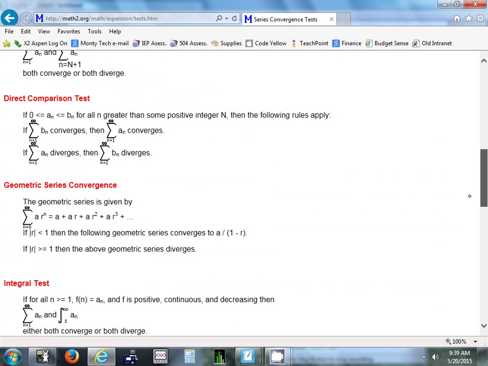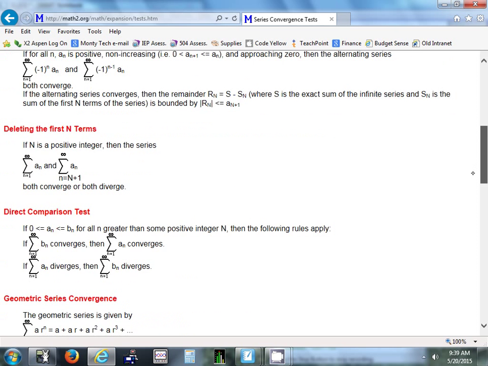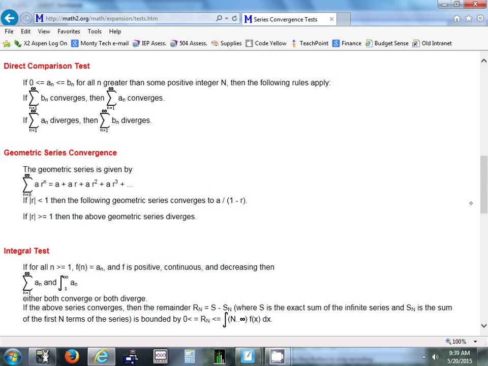There we go. All right, so a geometric series. The geometric series convergence test basically says if you have an absolute value of R less than 1, then the geometric series always converges. That's the formula I just gave you. It's a sub 1 divided by 1 minus R. If R is bigger than 1, it diverges. Okay, so that test you would already understand. Right?